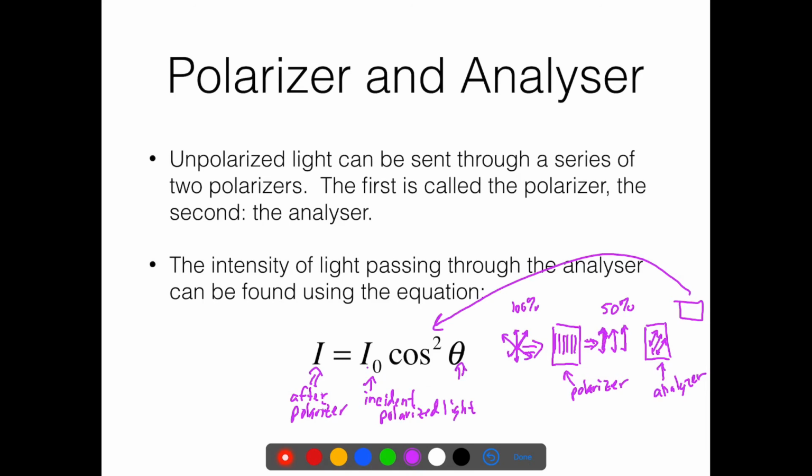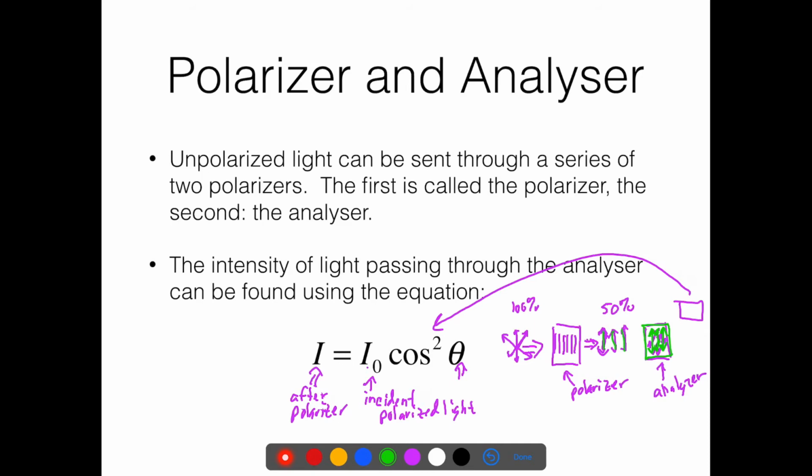And the angle is the angle between the actual polarized light and the axis of transmission here. What would happen if the analyzer was like this, if it was vertical?